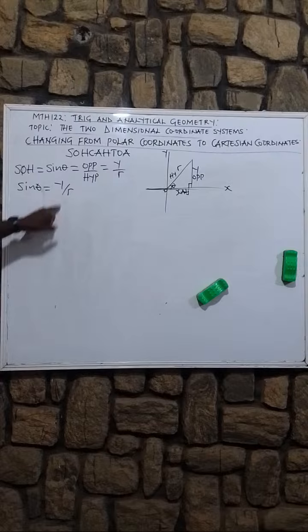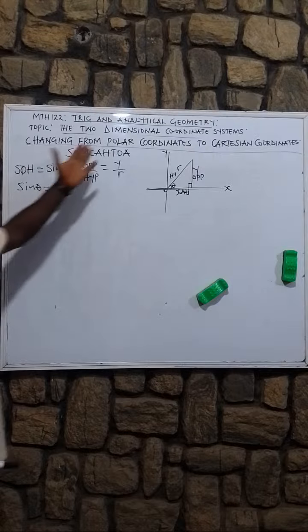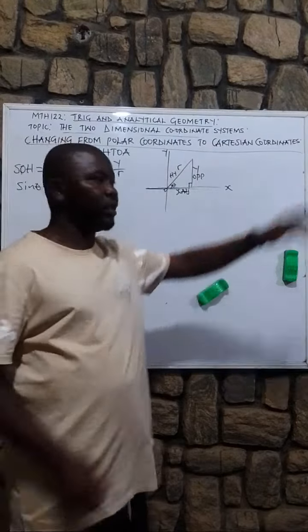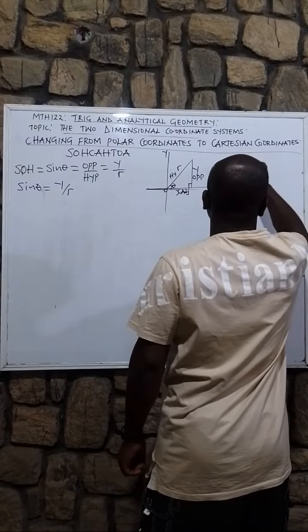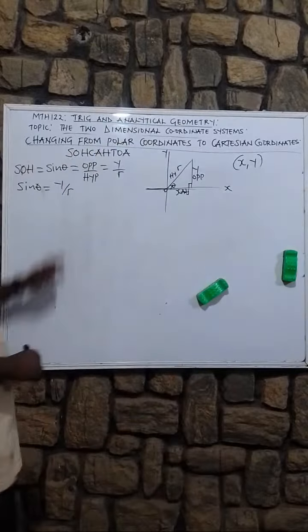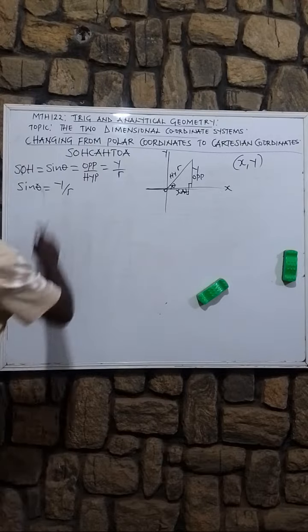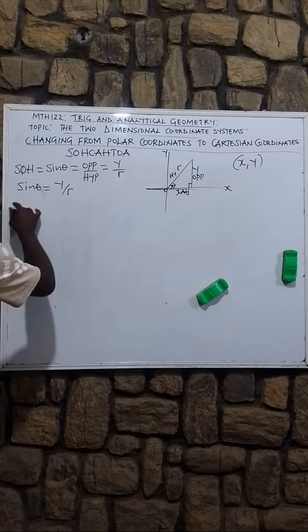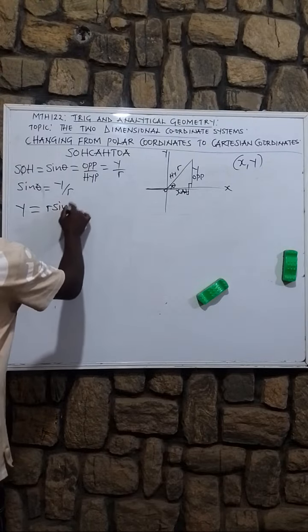If we are asked to find the value of y, because we are coming from polar coordinates to Cartesian, I told you Cartesian is always x comma y, true or false. So to find the value of y, we cross multiply. It implies that y is equal to r sin theta.